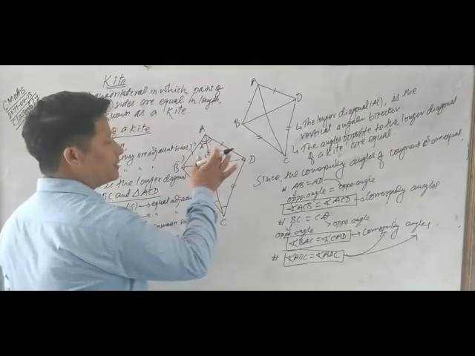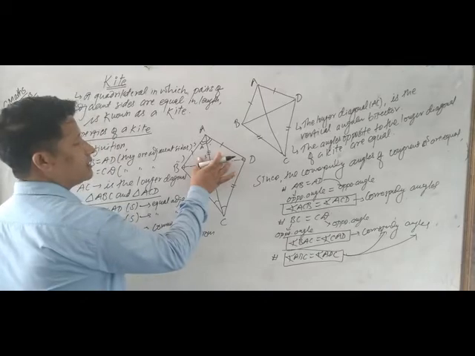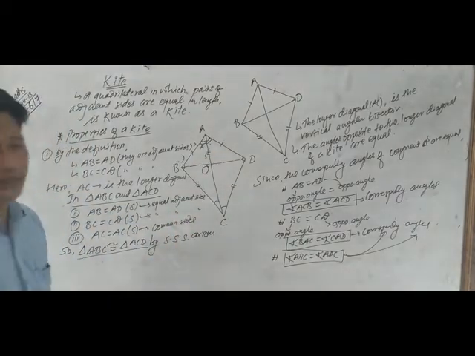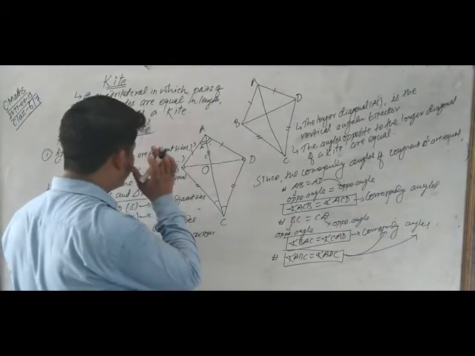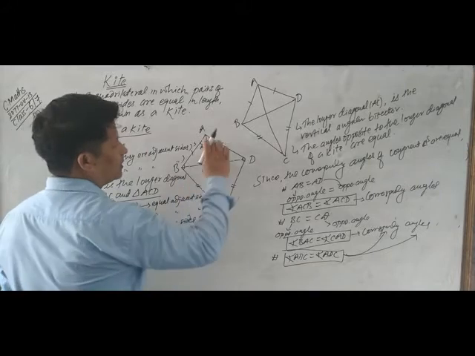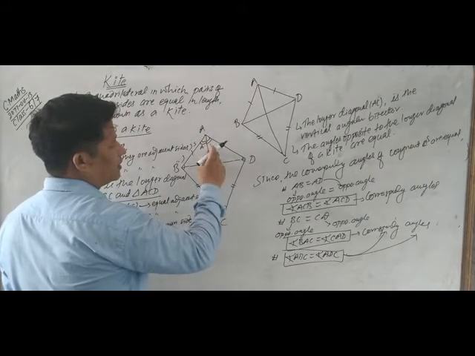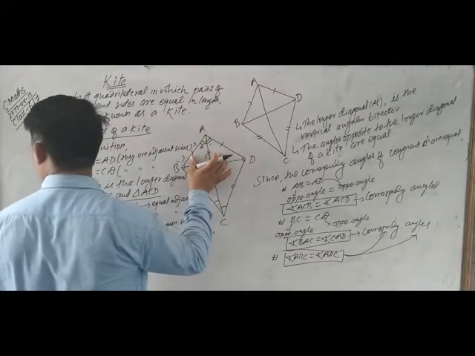If these two triangles are congruent, we can take their corresponding parts. OA is the common side of these two triangles.